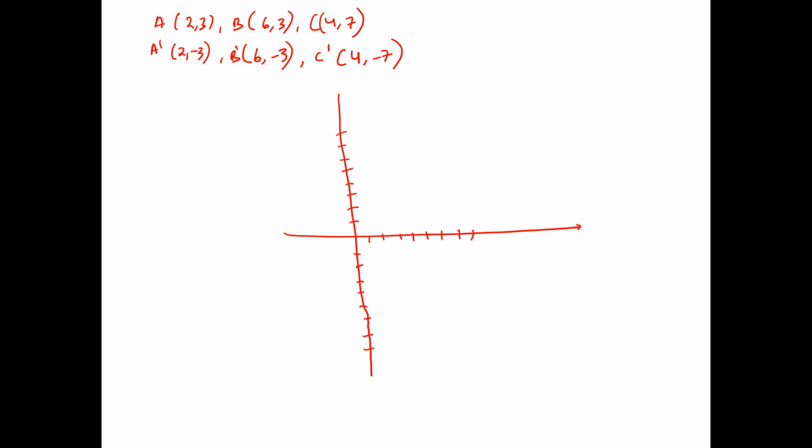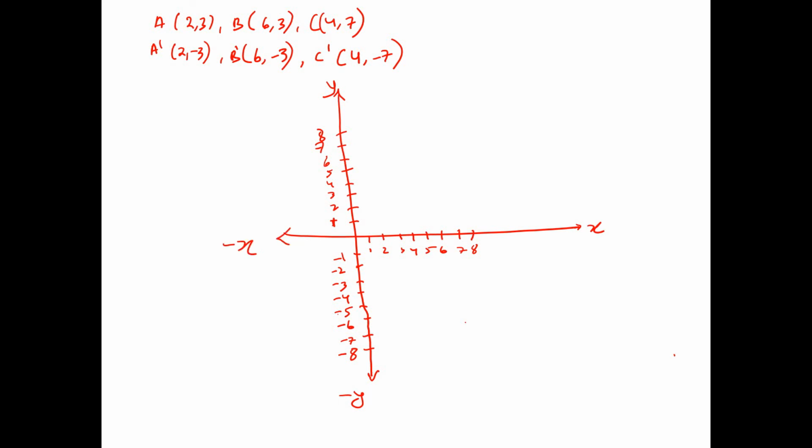So we have 1 2 3 4 5 6 7 8, and minus 1, minus 2, minus 3, minus 4, minus 5, minus 6, minus 7, minus 8. This is your y, this is your minus y, here is your x, and here is your minus x.